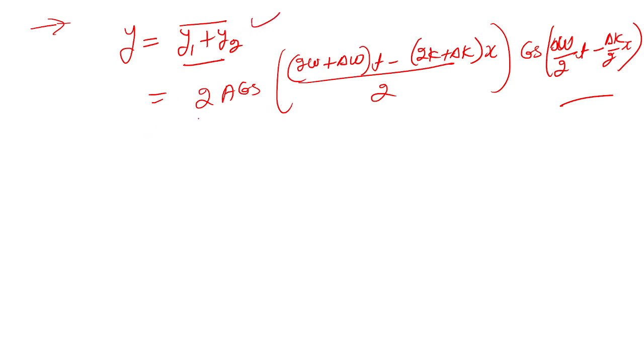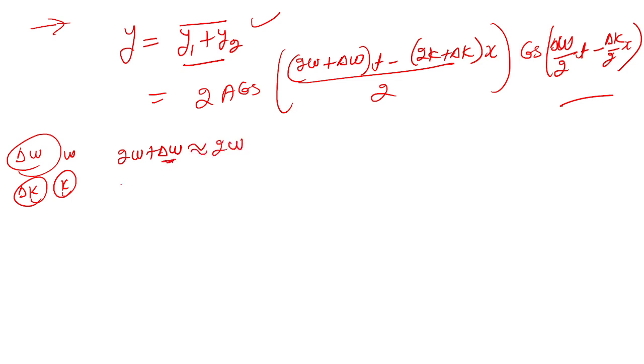So we know that delta omega is the angular velocity difference between these two waves, y1 and y2, the waves that existed with that moving particle. This delta omega and delta k are very small as compared to omega and k. So 2 omega plus delta omega becomes nearly equal to 2 omega, and 2k plus delta k is also nearly equal to 2k.